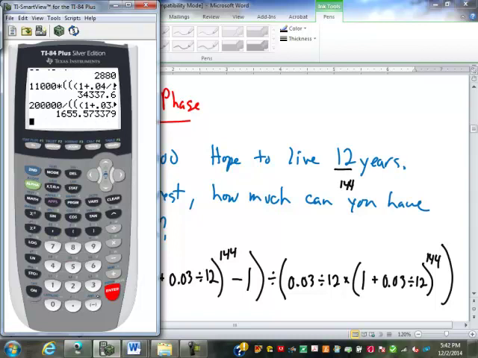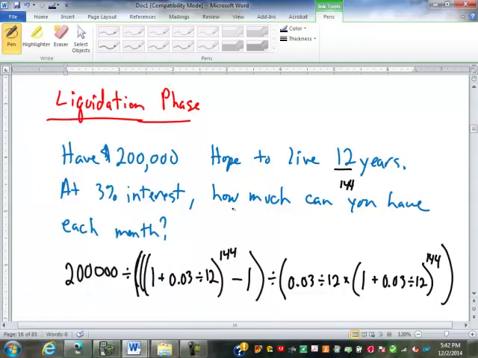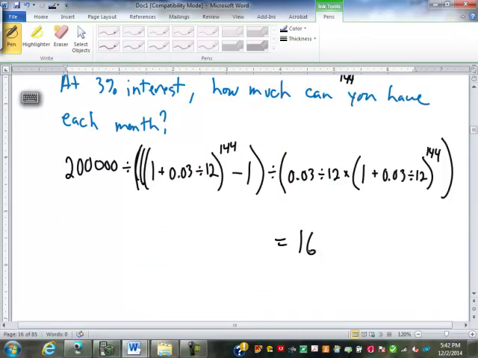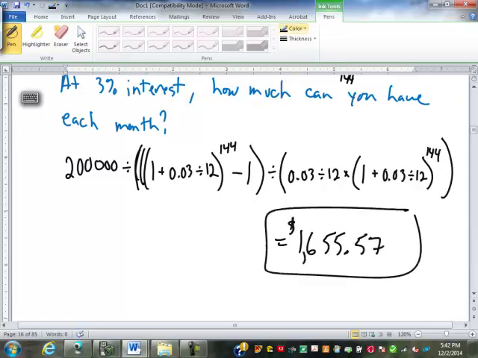Well, there it is. You can draw out $1,655.57 each month off of that amount. What do you think?